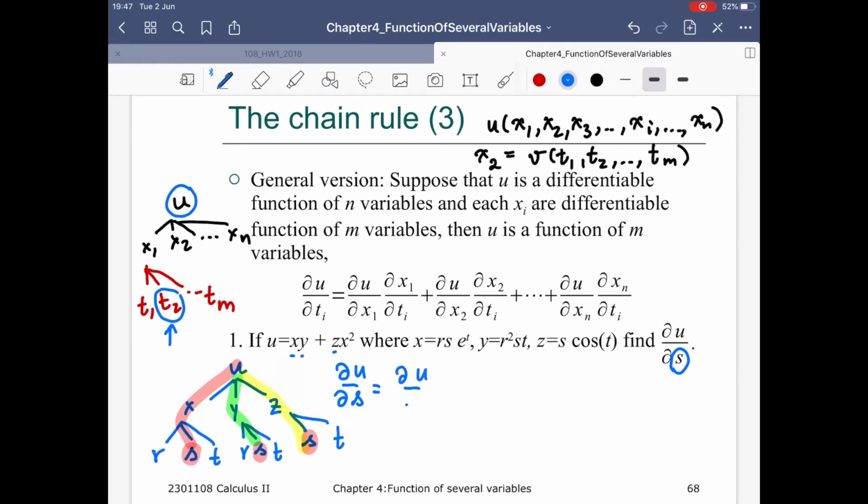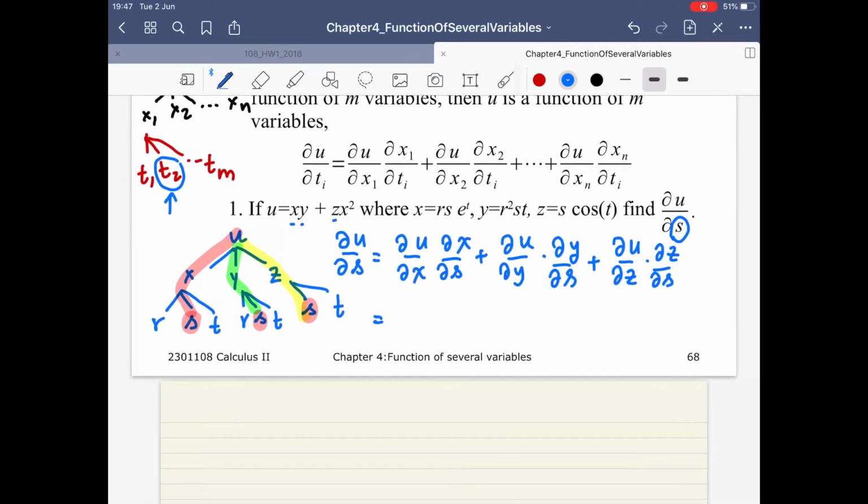So the first one is through the x, and then dx by ds. The second one through the y, and then dy by ds. And the last one through the z, and then dz by ds. Okay, so here is the u, du by dx will be just y, and then 2xz.